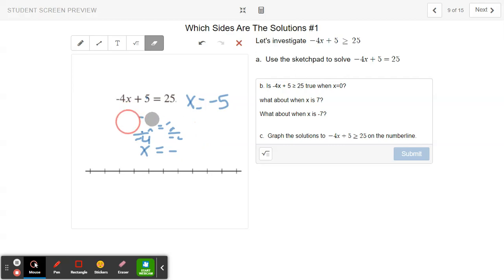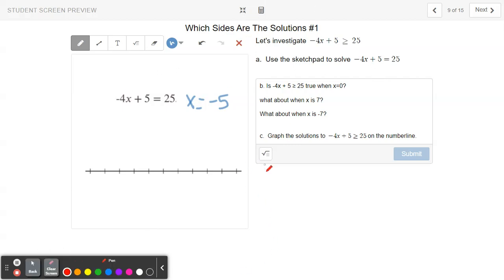So we know the answer to the equation is x equals negative 5 to make the equation true. So now it says, is negative 4x plus 5 is greater than or equal to 25 true when x is 0? Now we're going to put this in for the inequality, which is a little different from the equation.